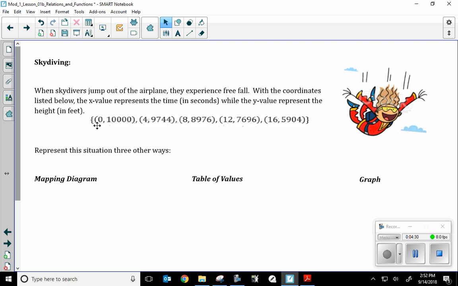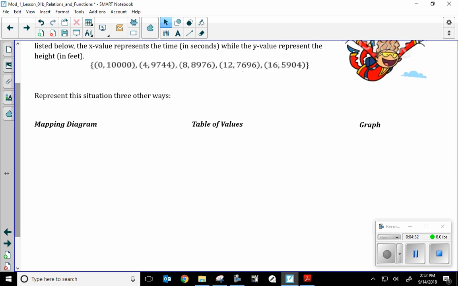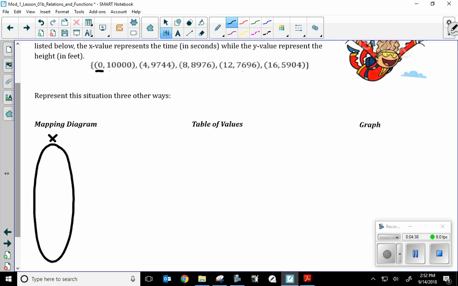So first of all, let's map these out. Now I have my X here, and it goes from, these are my X's, 0, 4, 8, 12, and 16. 0, 4, 8, 12, 16.